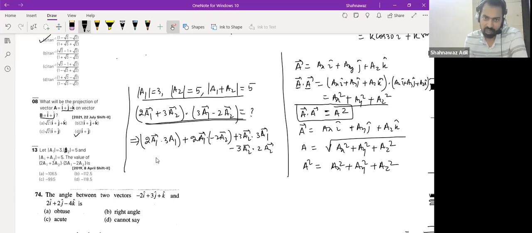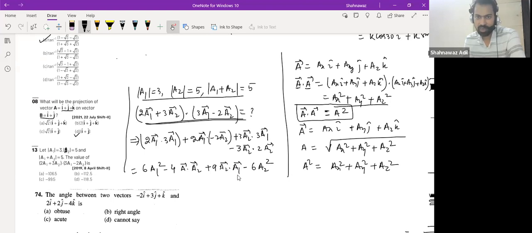Okay. So you see a1 dot a1, so this would be a1 square. Right. This is minus 4 a1 dot a2. And this is 3 3s are 9 a2 dot a1 and minus of 6 a2 square. Right. Is this part clear to you guys?